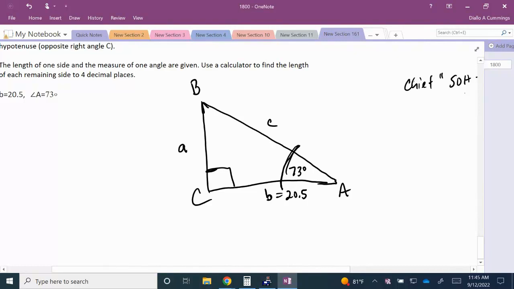So I have 73 degrees angle A. The side that's opposite angle A is side length A, and that's the opposite side. Okay. Then I have side length B, which is the adjacent side. And then we have our hypotenuse, which is across from our right angle.